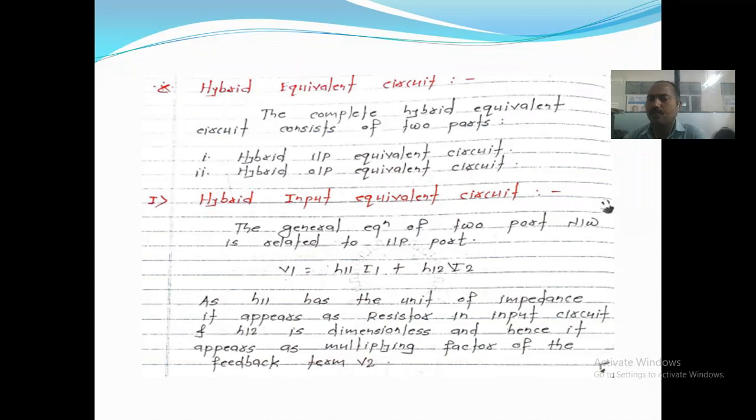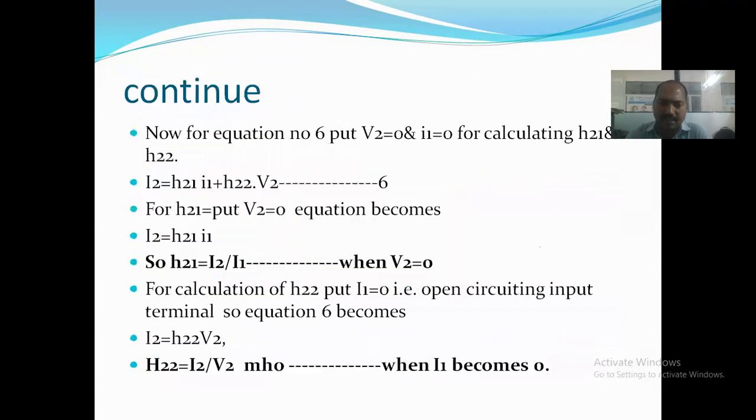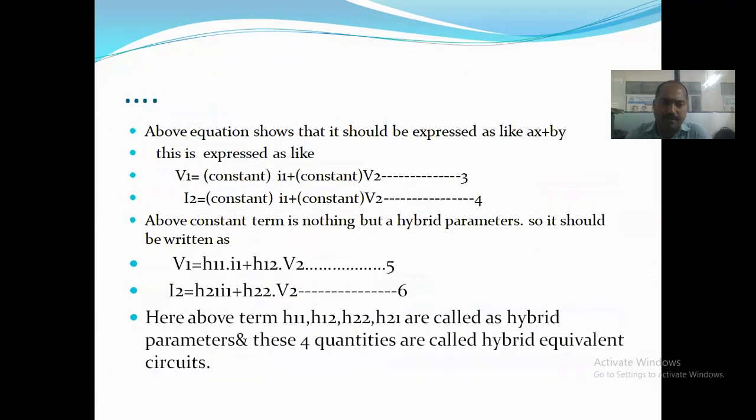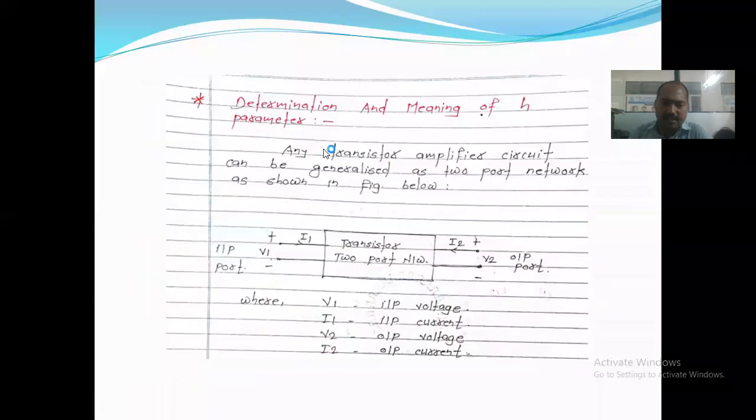So it has two equivalent circuits, one the input equivalent circuit and the other the output equivalent circuit. First we look at the hybrid input equivalent circuit, which indicates the input port parameters.